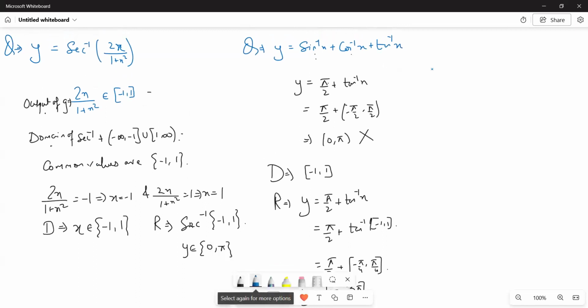Okay. Let's say we have a similar question. Find the domain and range of sin inverse x plus sec inverse x plus tan inverse x.